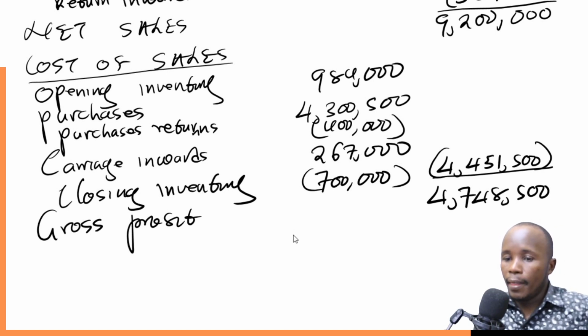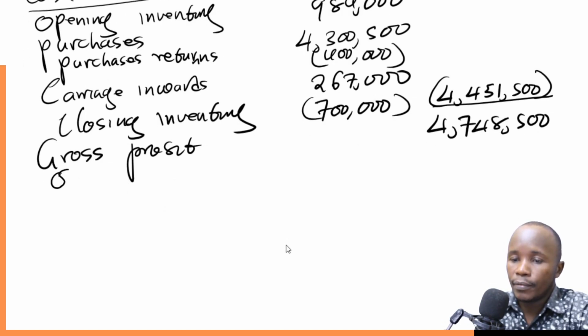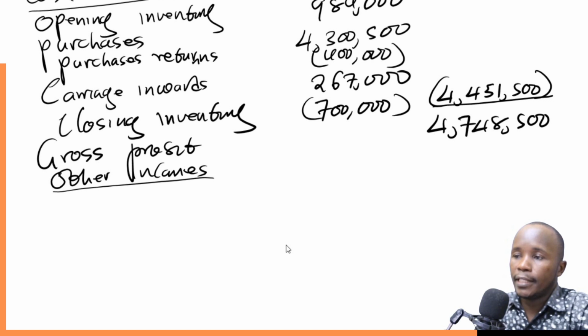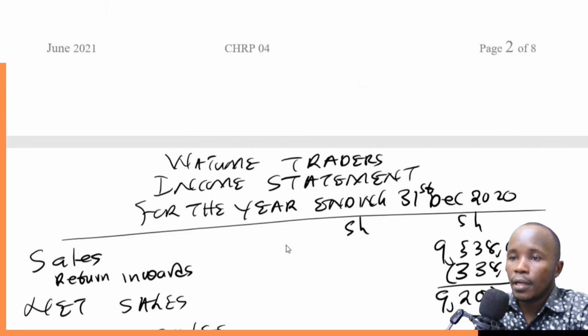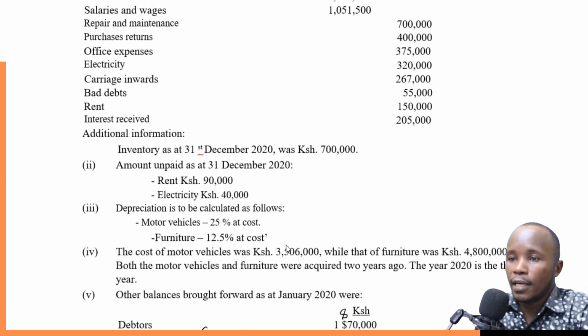Now, having obtained your gross profit, you need to look for whether there are other incomes. Other incomes are incomes that are not directly related to the business. If you look at the statement here, you have what we call interest received.